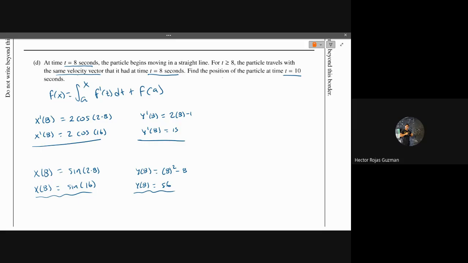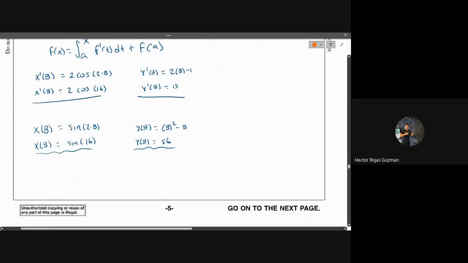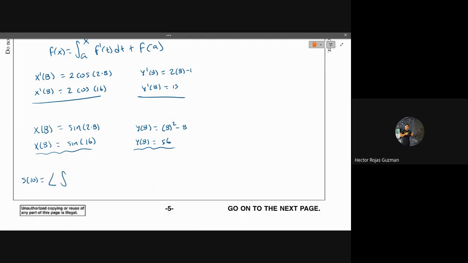So if I want to find the position at 10 seconds, we're going to do the integral from 8 to 10 of the velocity. But again, because the particle has the same velocity, it's just going to be 2 cosine of 16. It's best to use this and not round. dt plus the position of the particle at 8 seconds, which is sine of 16. Then for the y component, we have the integral from 8 to 10 of the velocity 15 dt plus 56.